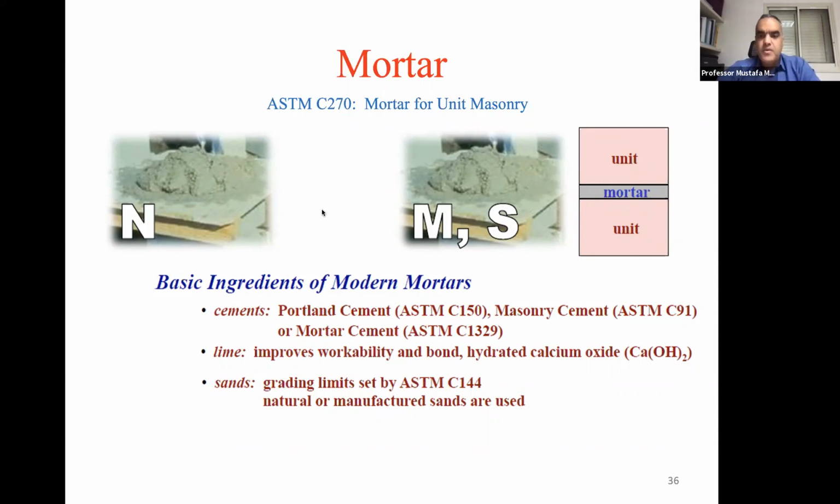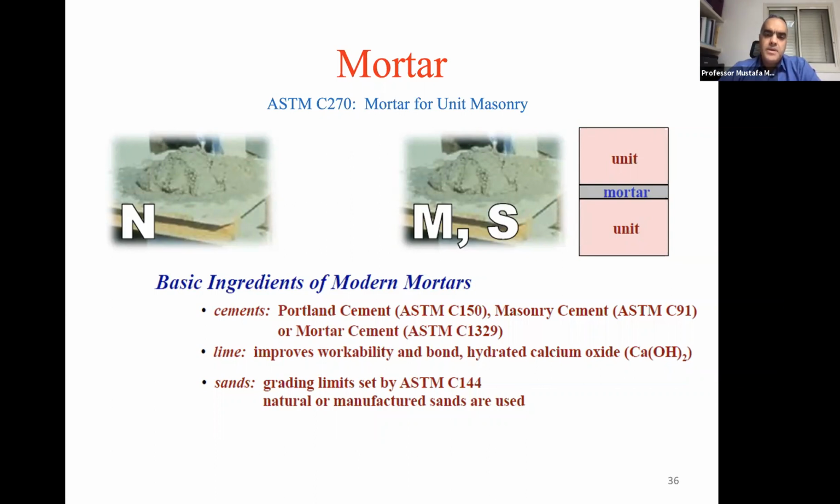Now which type of mortar we need to use from these three types depends on the application, but typically S is appropriate for many structural applications. N is acceptable for some applications, but not for some, such as seismic applications.